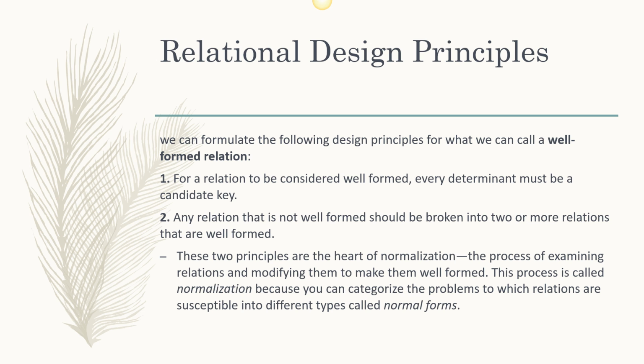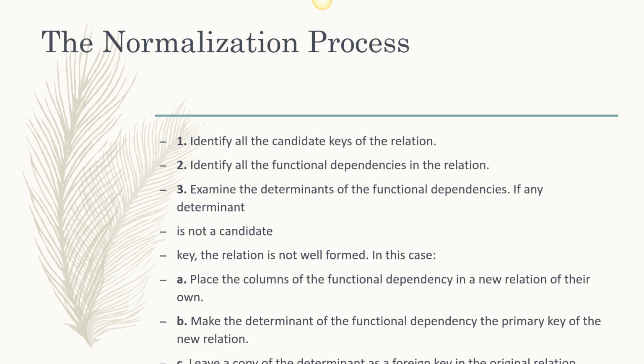These two principles are the heart of normalization, the process of examining relations and modifying them to make them well formed. This process is called normalization because you can categorize the problems to which relations are susceptible into different types called normal forms.